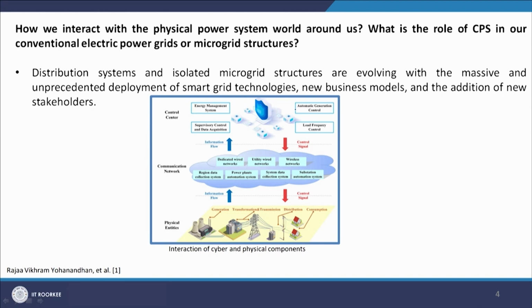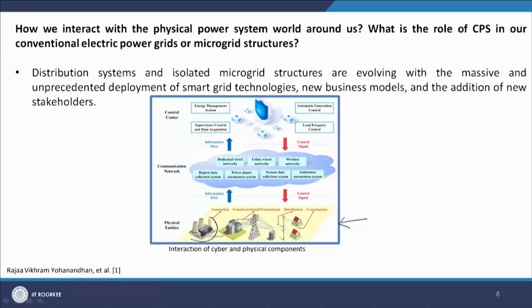Now, if you focus, my physical power system may be a microgrid, for example, and it needs to communicate to my control center through different communication networks. Have a close look: we have generation, we have transmission systems, and then we have residential loads. The consumers, distribution system, transmission system and generation are physical; this is my physical layer.